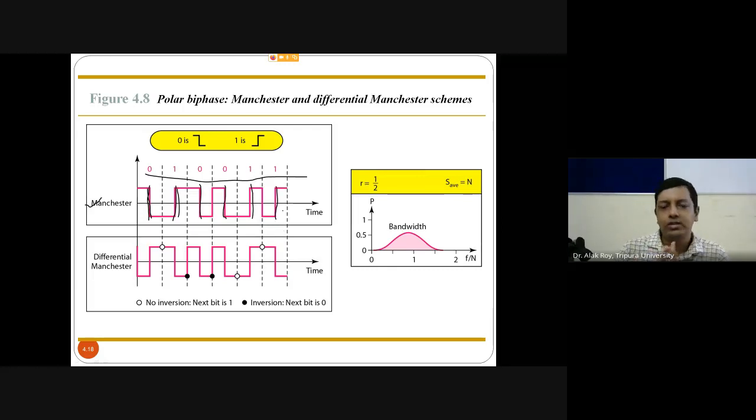So up to this you complete your drawing. Then go for the next thing. The next thing is that the rule says for 0 you will use high to low. For 1 you will use low to high. So here high to low, 1 low to high.